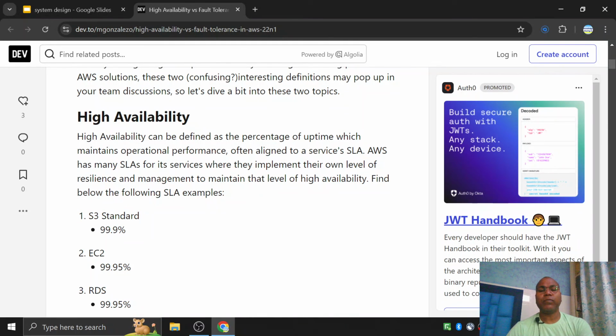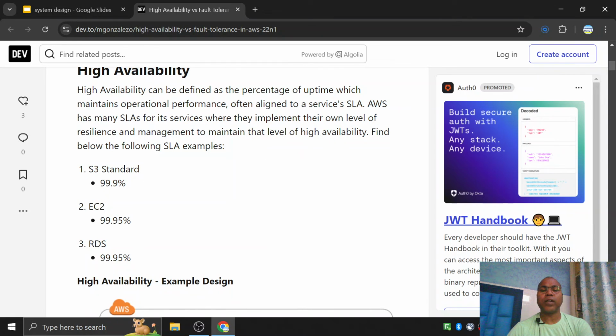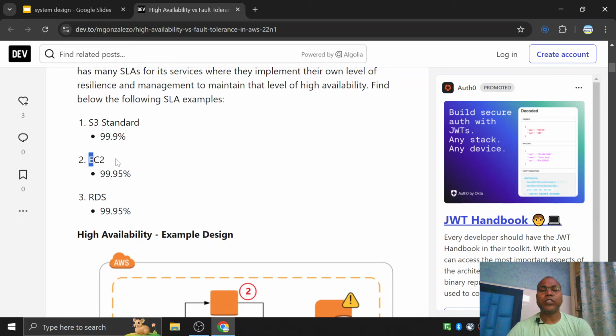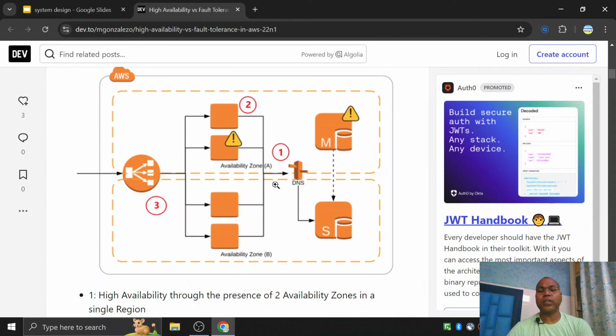Notice that by default, AWS offers S3 Standard at 99.9 percent availability, EC2 at 99.95, and RDS similarly, and these are the same kind of highly available AWS systems.